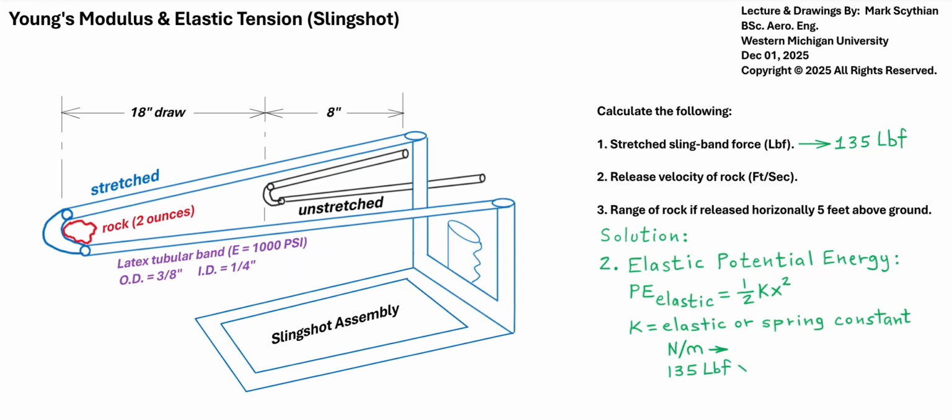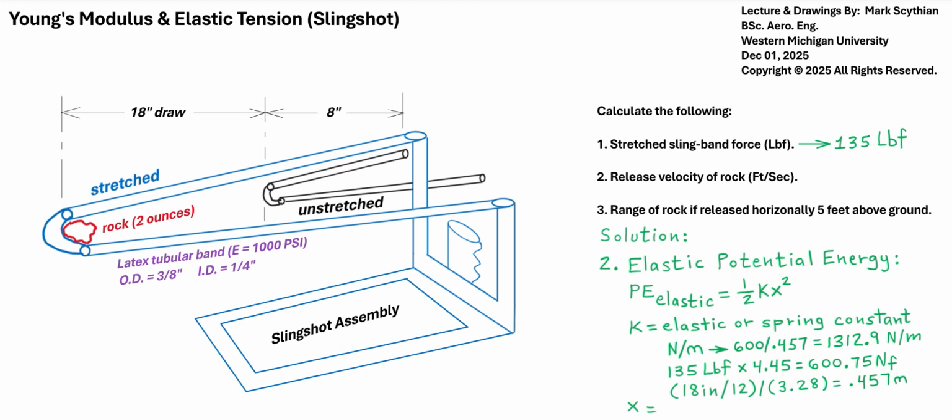So we'll convert the force required to stretch the band to newtons of force, and then the 18-inch draw, we'll convert that to meters distance. When we divide these out, we get a k constant of 1312.9 newtons per meter, and then x is the actual draw length, so 18 inches again, but converted to meters.